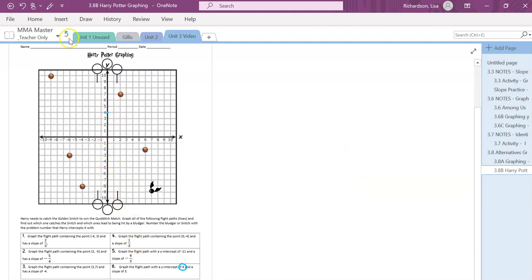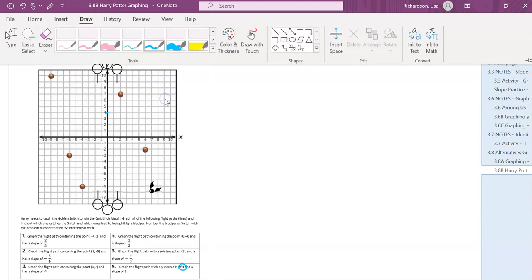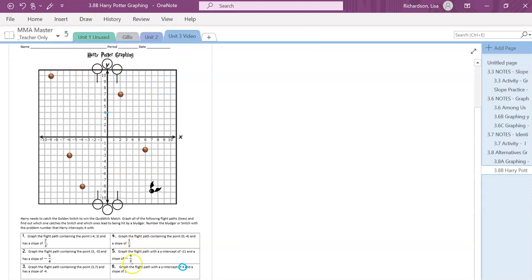And my slope happens to be 3. 3 means I'm going to go up 3 over 1. So from here, I'm going to go up 3 over 1, up 3 over 1. I don't hit anything. So if I can't go up 3 over 1, I'm going to reverse both arrows because you can see the direction that it's going.